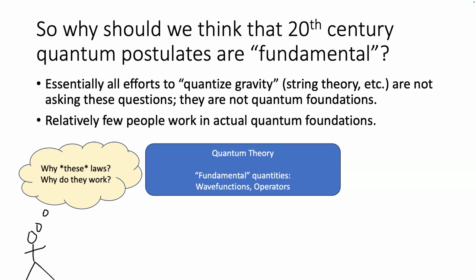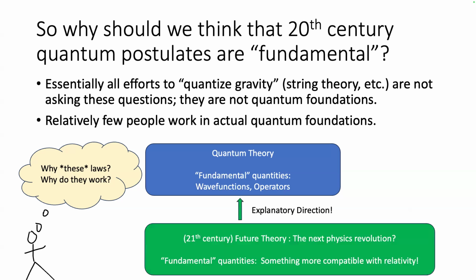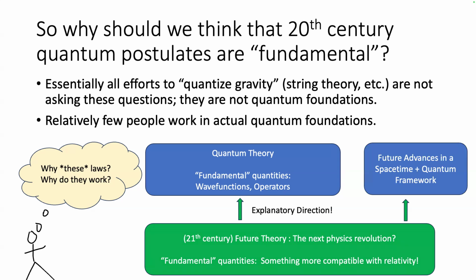What quantum foundations is actually doing is trying to go down, right? What's underneath the hood? Why do these laws work? What are the fundamental quantities underneath wave functions and operators, right? And then if we ever found that out, then we could presumably have other consequences.